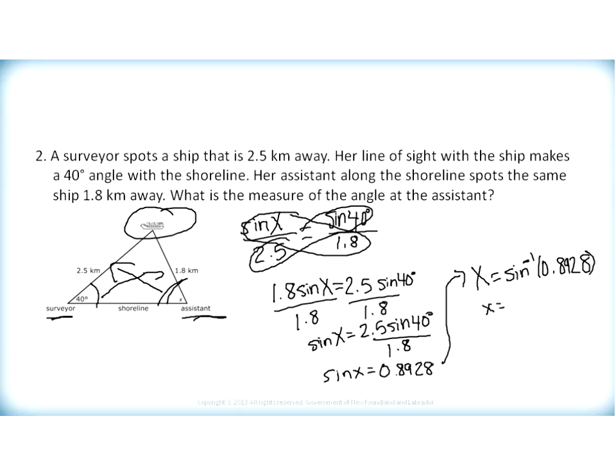And then I hit equals, and it tells me that angle x is going to be 63.2 degrees, or approximately 63 degrees. So the measure of the angle at the assistant with the shoreline and the ship is 63 degrees.